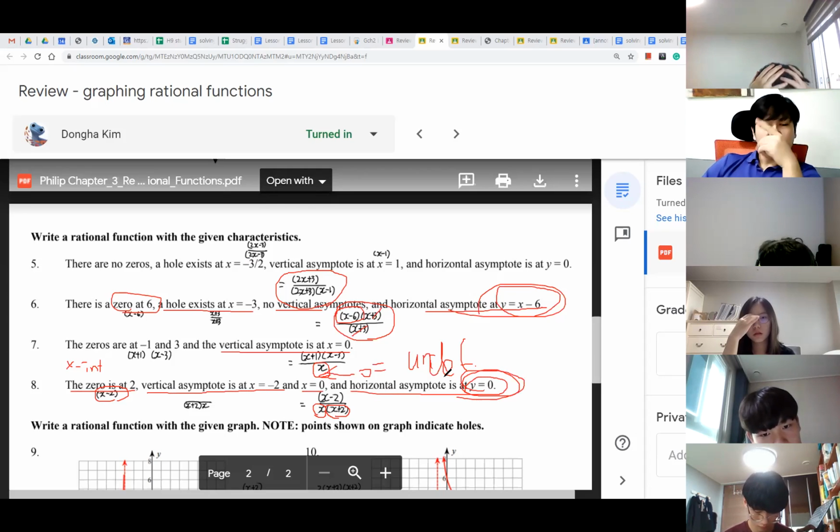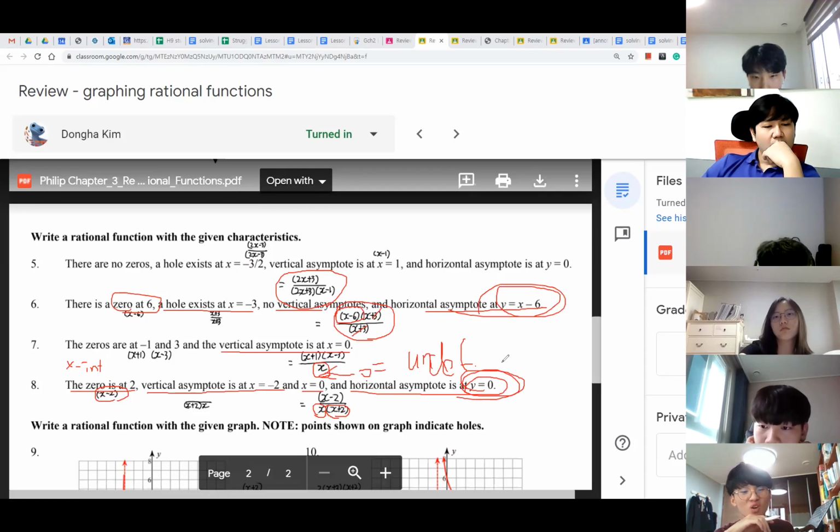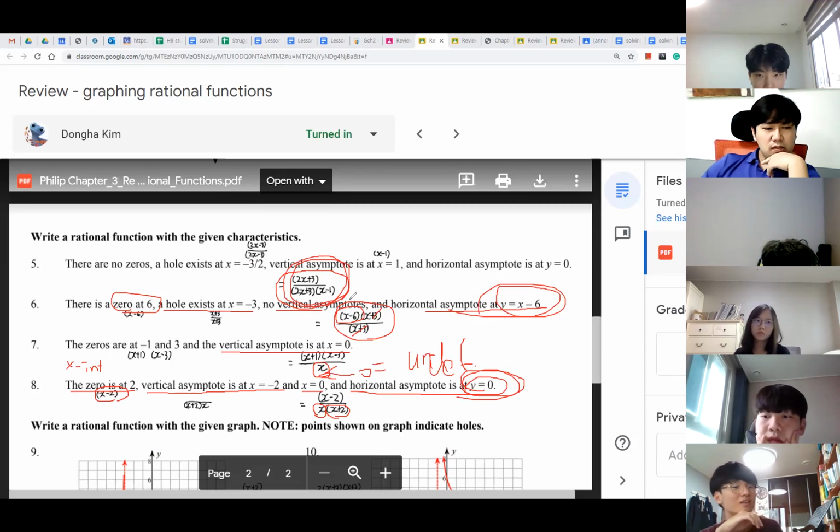Okay, Philip, is there any other answer that's possible? I don't know. Think about what happened here. You can put a square around the denominator.